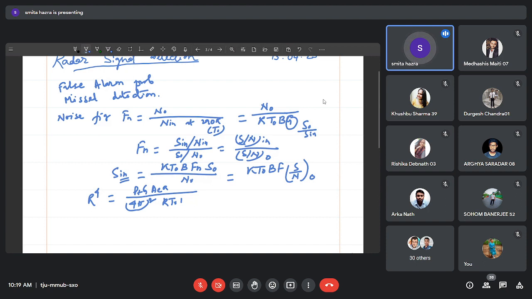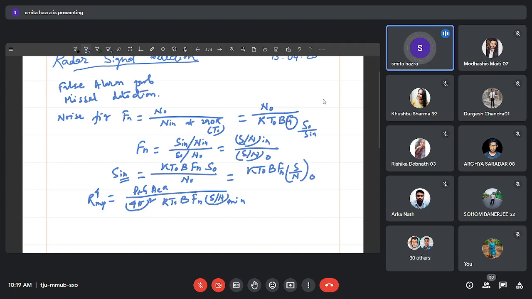Or we can consider this as S by N minimum. So this one is the range equation. This minimum detectable signal we have substituted here in terms of the S by N minimum. So that is the dependency of the entire thing with respect to your range.